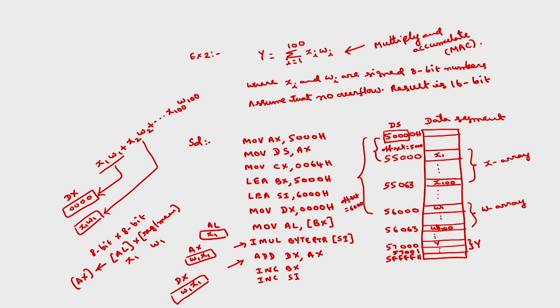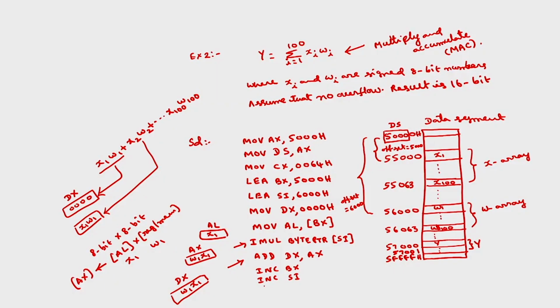Then CX holds the array length, and if I use the LOOP instruction, by default CX will be decremented by 1. So I can now use LOOP up, so that CX will be decremented by 1. If CX is not equal to 0, it will go to up.